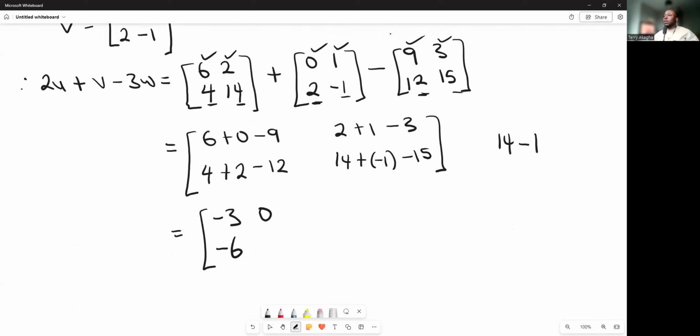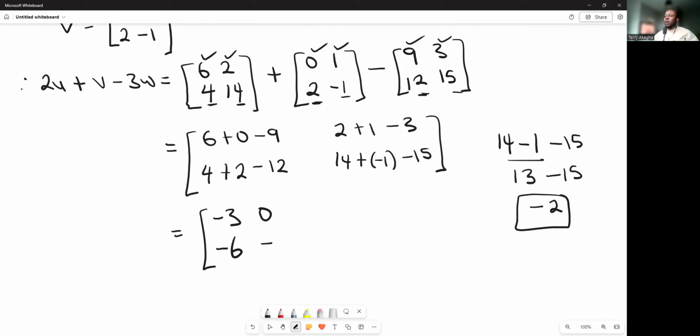Then we have minus 15. Is that making sense? So what you can see is that we have 14 minus 1. That gives you 13. Then we now have 13 minus 15. Are you seeing it? So 13 minus 15 is going to give you minus what? 2.